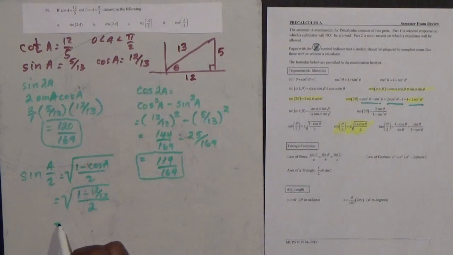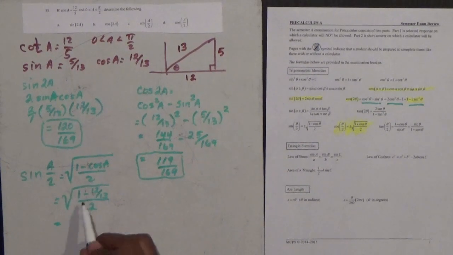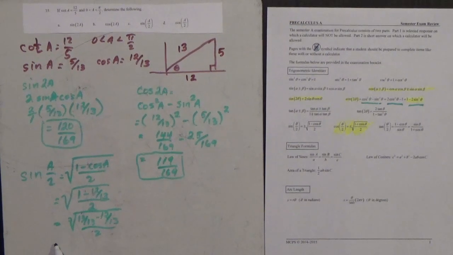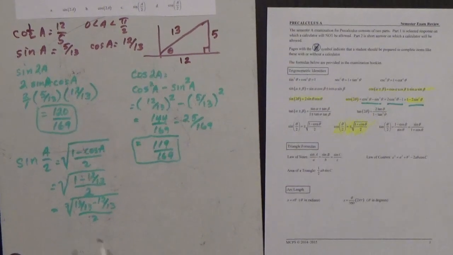With that, this is 13 over 13 minus 12 over 13, all over 2. That's going to give me 1/13 all over 2, which is equal to the square root of 1 over 26. And that's fine.